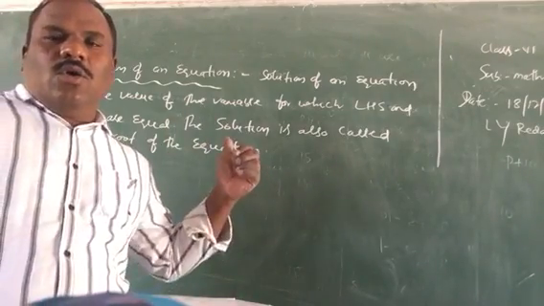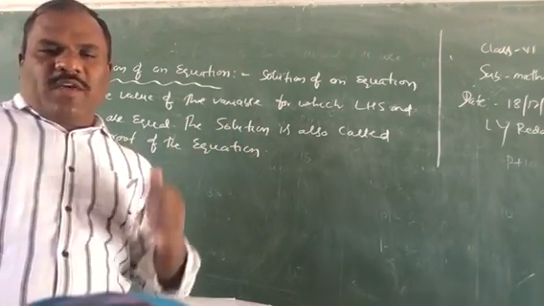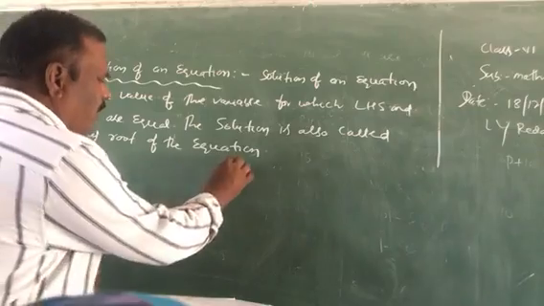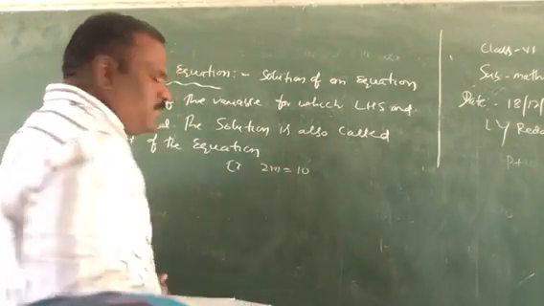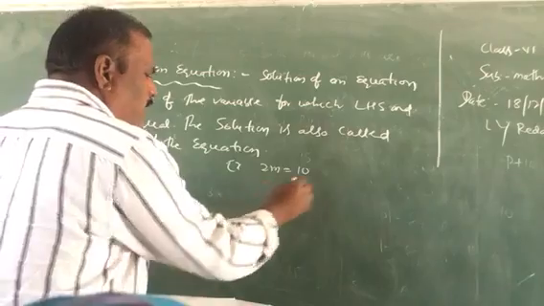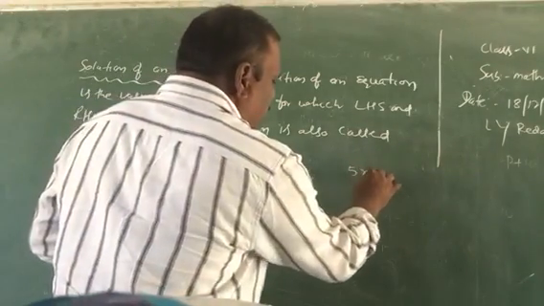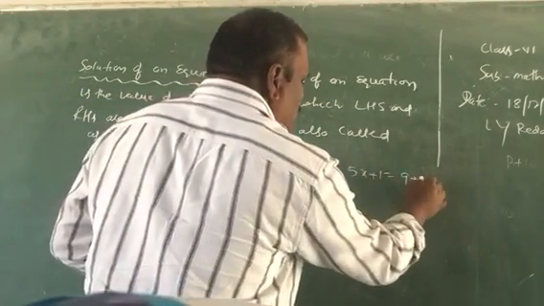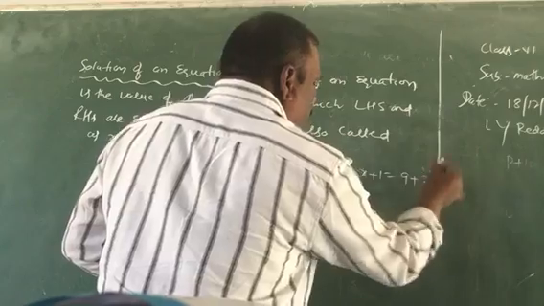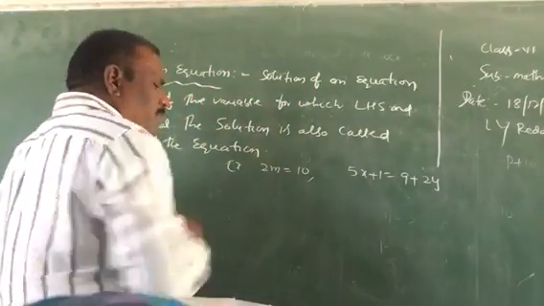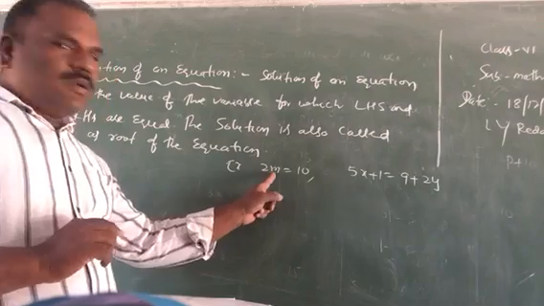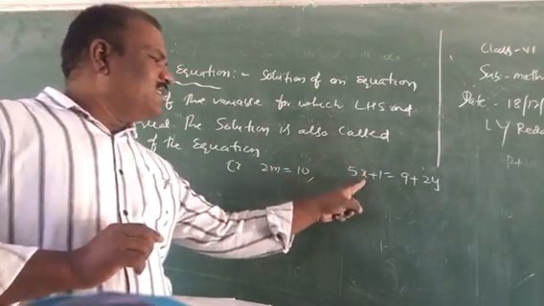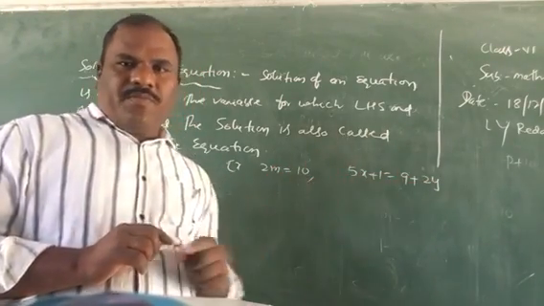For example, if we consider 2m equal to 10, 5x plus 1 equal to 9 plus 2y, etc. Here m is a variable, x is a variable and y is a variable.